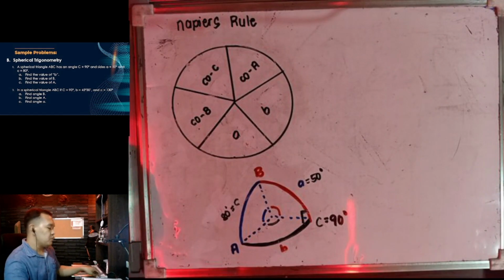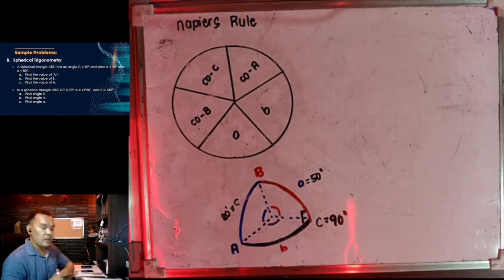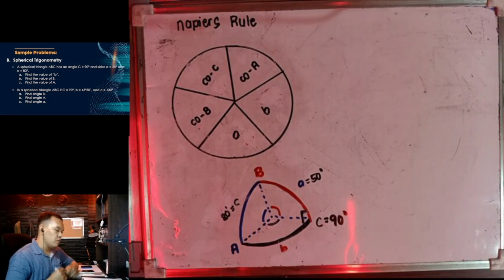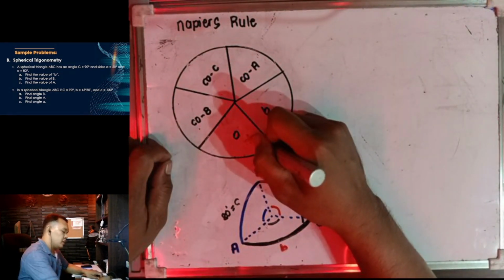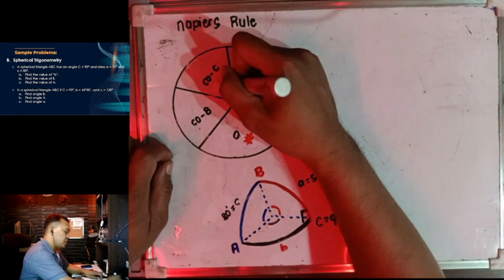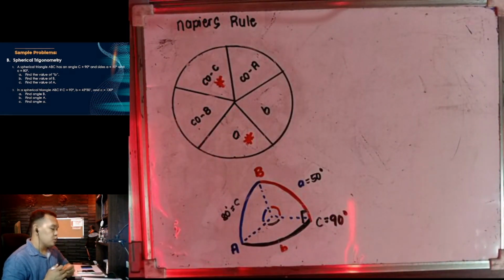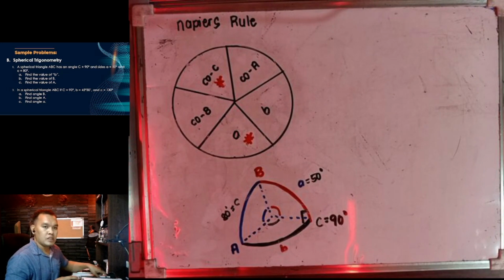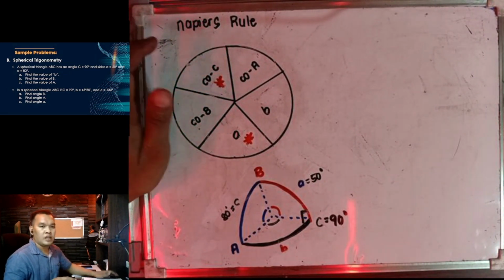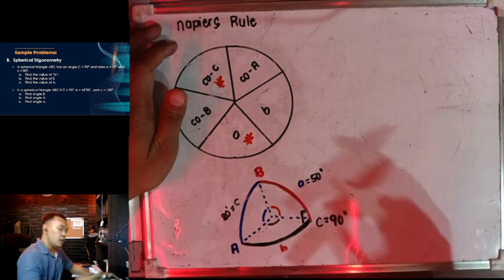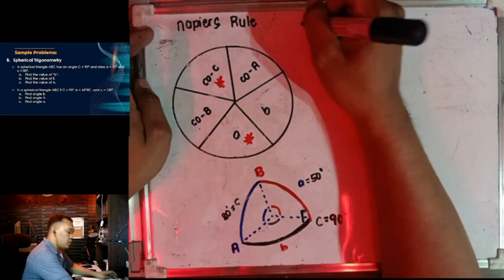So, sa ating Napier's circle, i-asterisk natin kung ano yung given, no? So, we have here A, then si C, ito, and yung angle natin ng 90. Okay? So, since ang pinapahanap is si value of small b, capital B, and capital A for this problem number 1.